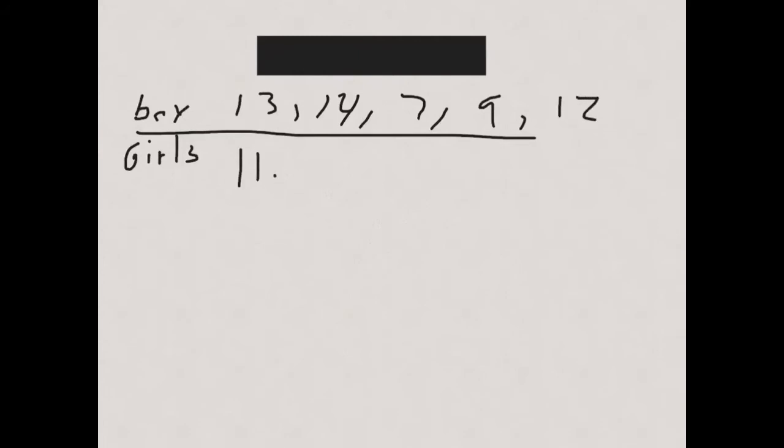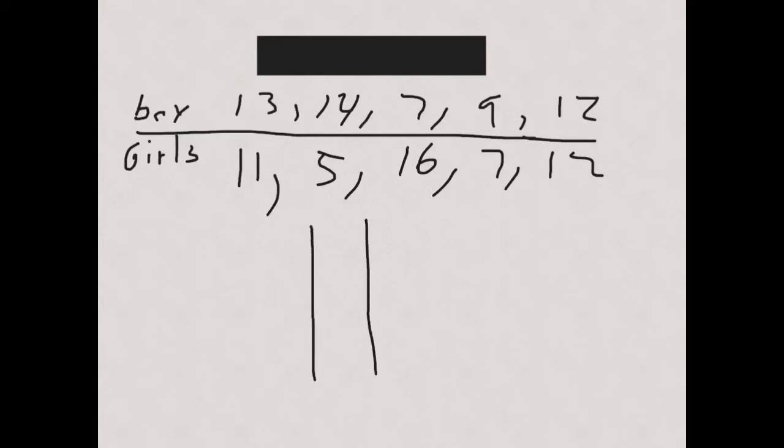And for girls I have 11, 5, 16, 7, and 12 also. Well, when I make a back-to-back stem and leaf plot, this is what I do. Here's my boys, here's my girls, and right here in the middle is where my stems go. Okay, so I have single digits, I have 1, and that's it.